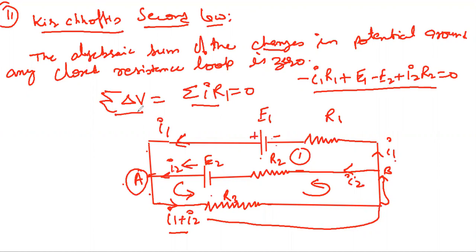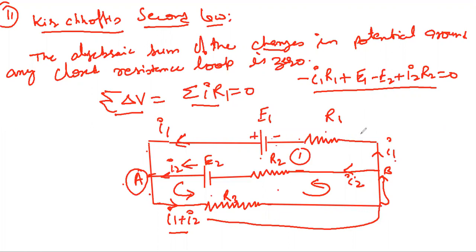Delta V means difference in the potential. So the potential formula is IR. So you calculate the potential across this, that you will get I1 R1. Potential across this, I2 R2. So minus I1 R1 plus E1 minus E2 plus I2 R2. This will be 0.